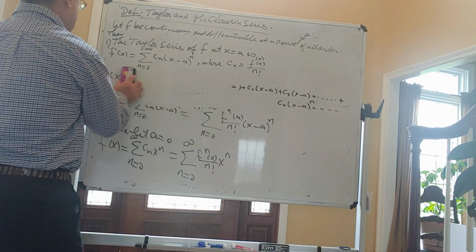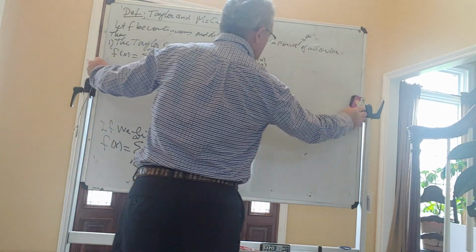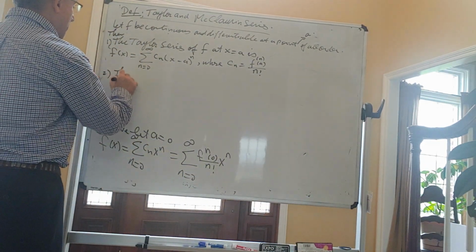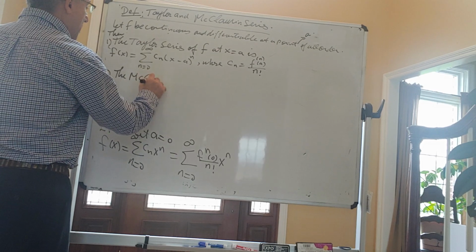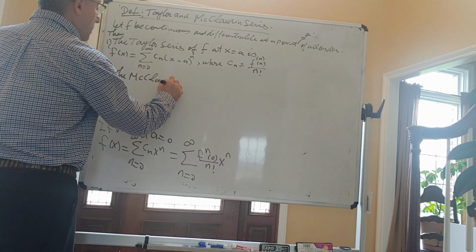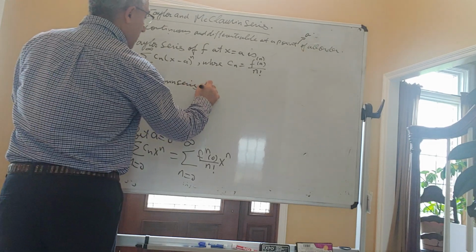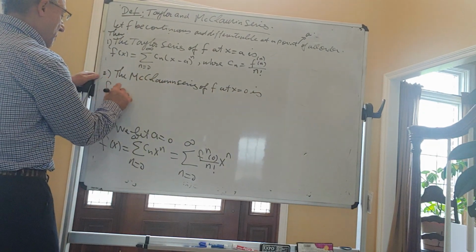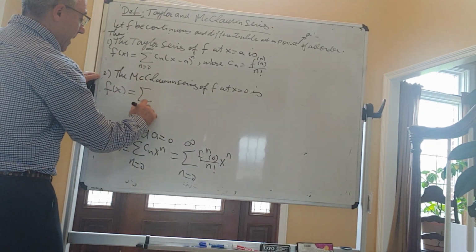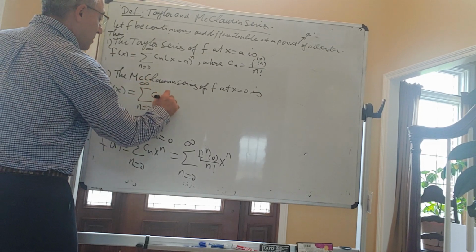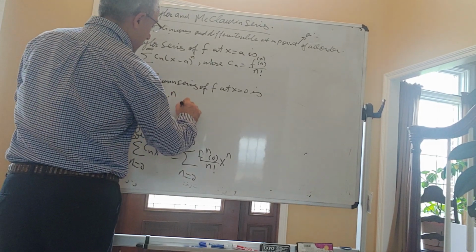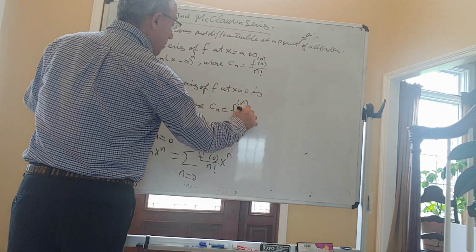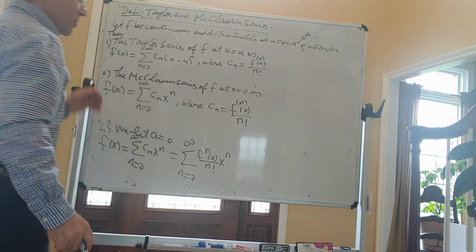Now, the Maclaurin series of f at x equals 0 is f of x equal to the sum from n equals 0 to infinity of Cn x to the n, where Cn is Fn at 0 over n factorial.